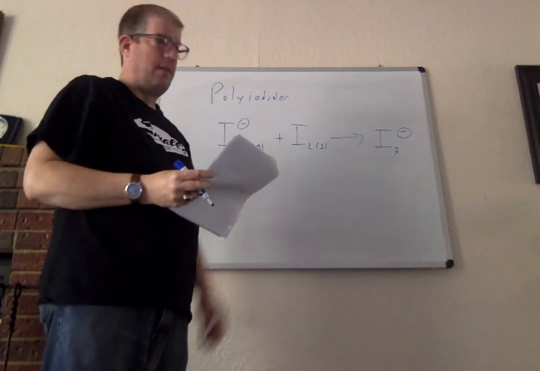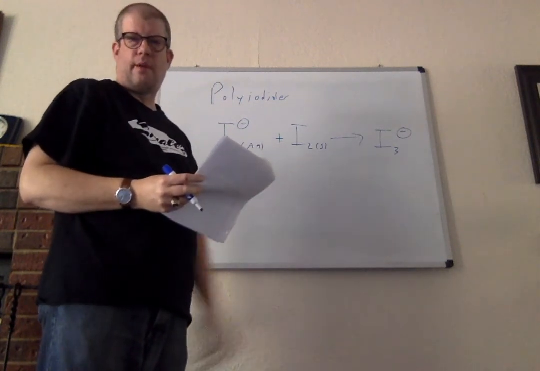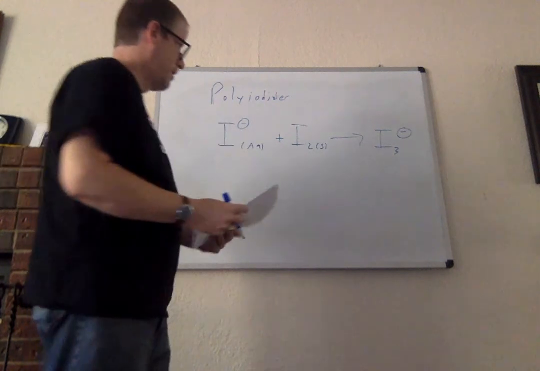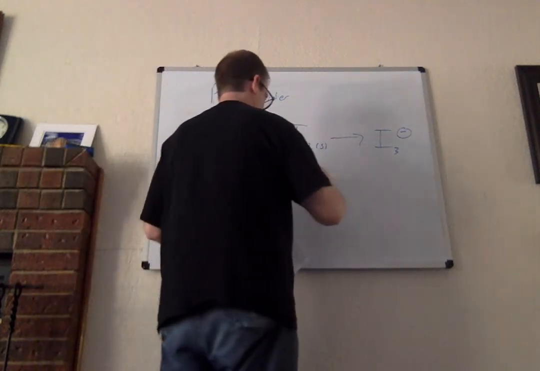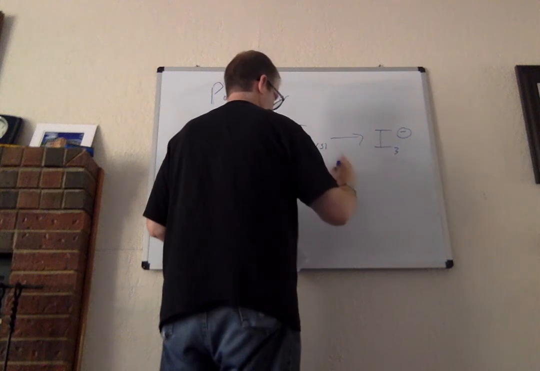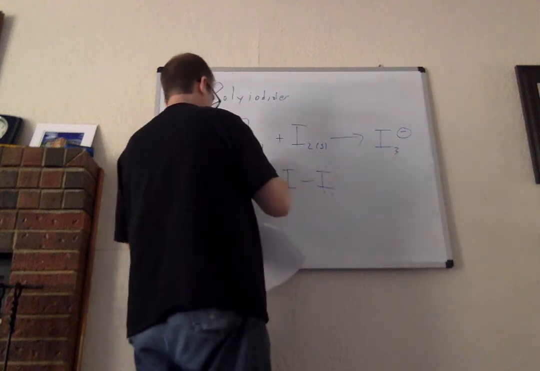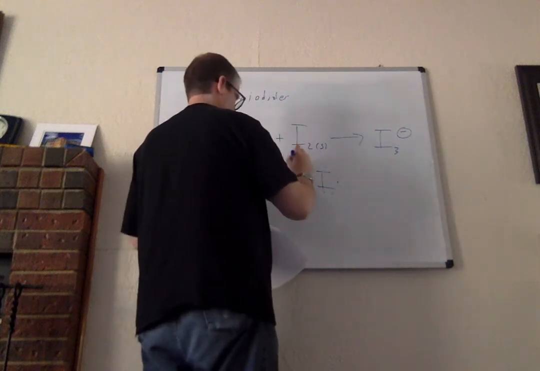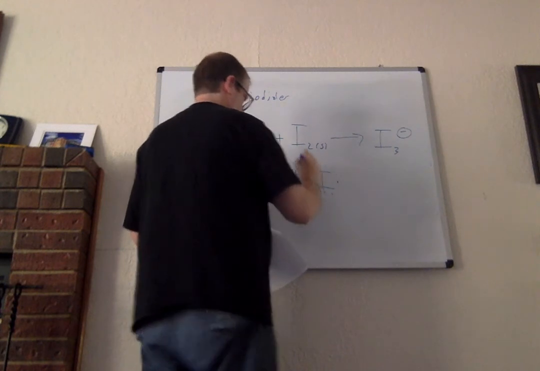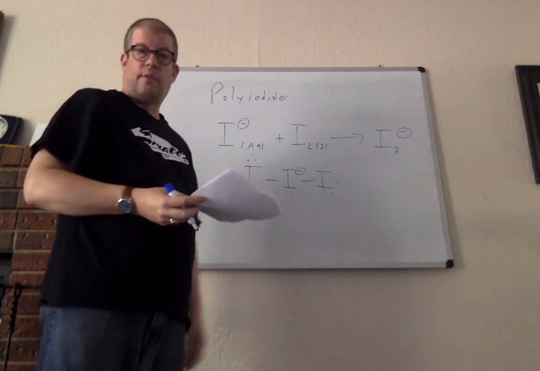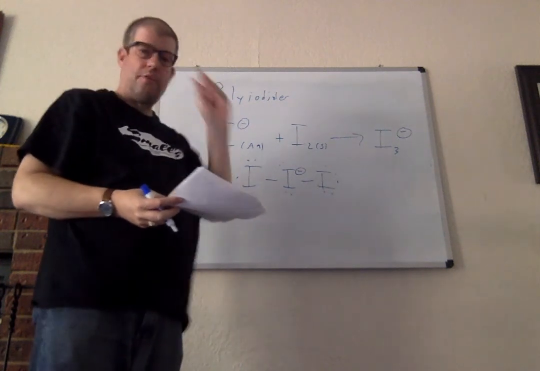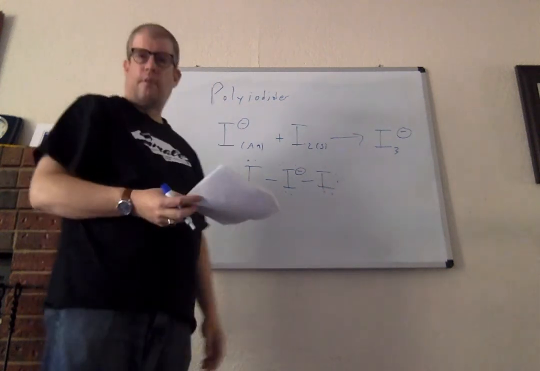And this is a classic thing that shows up on VSEPR structures and stuff like that. It's linear. The central iodine is charged because it has 6 lone electrons in 2 bonds, and the other ones are not charged.